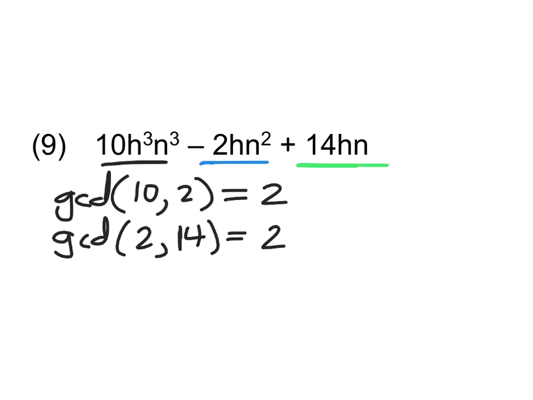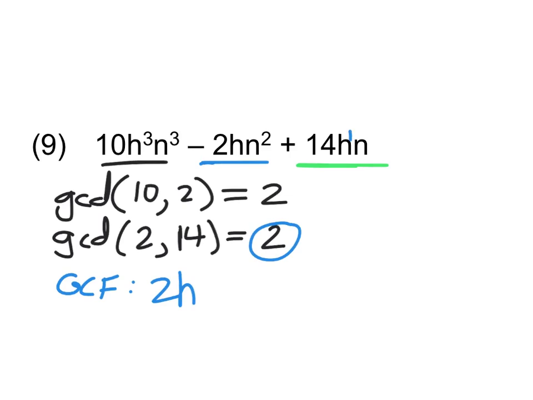Now to get the full-blown GCF, we know it's going to involve a 2 from that. Now I'm just going to look across my exponents. I have h's everywhere. If a variable isn't present in each term, we disregard it. All right? So we have h's in each term. What is the lowest power of h? H to the first. So I'm just going to write an h.